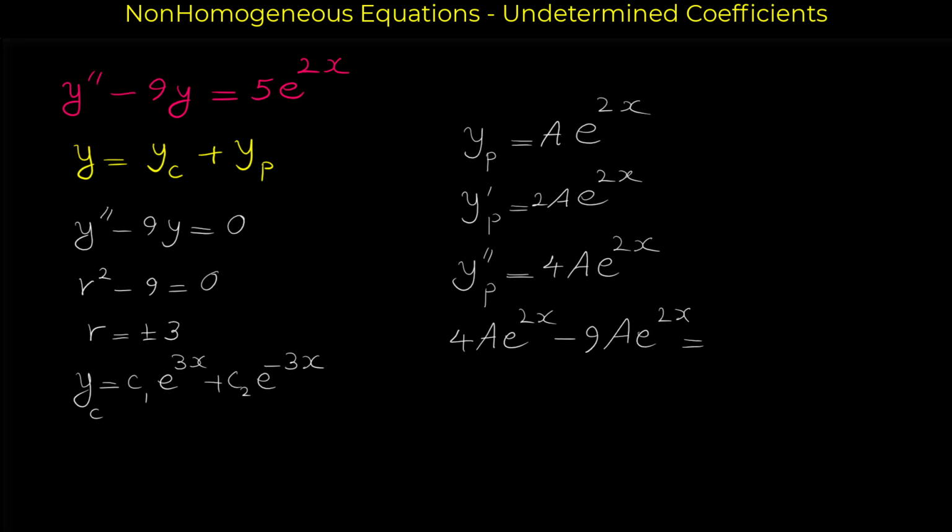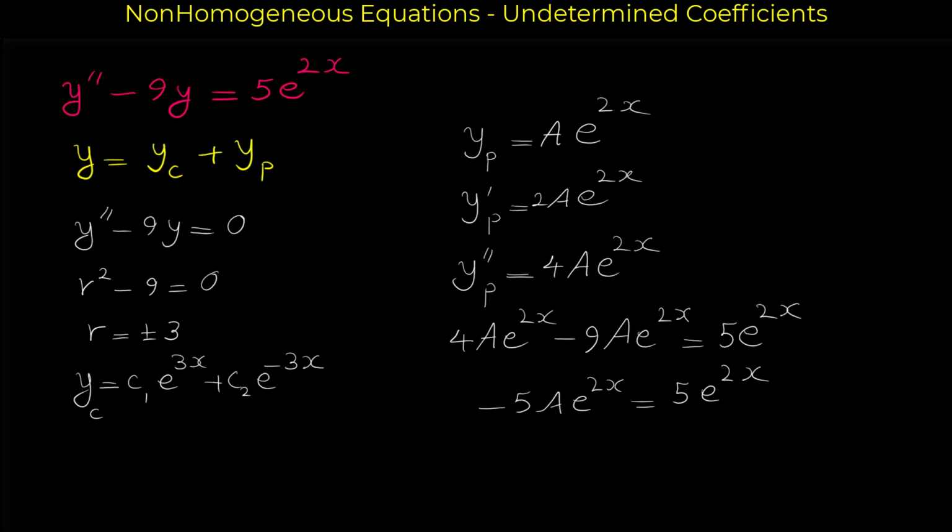It should be equal to 5e to the 2x. 4a e to the 2x minus 9a e to the 2x is negative 5a e to the 2x, and it should be equal to the right side.